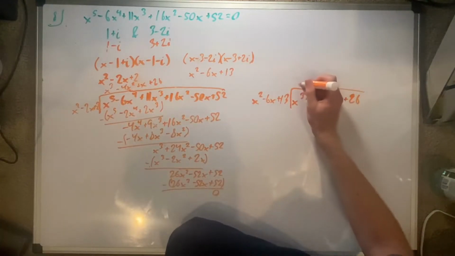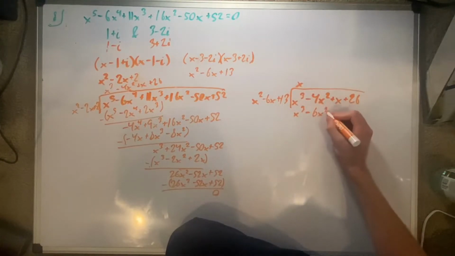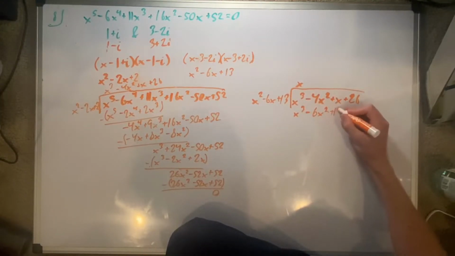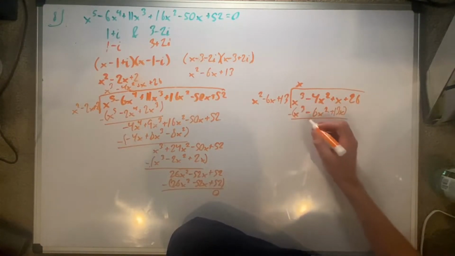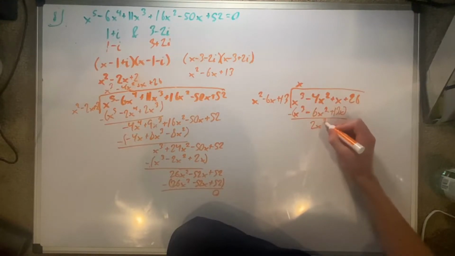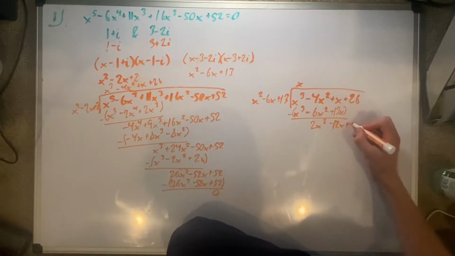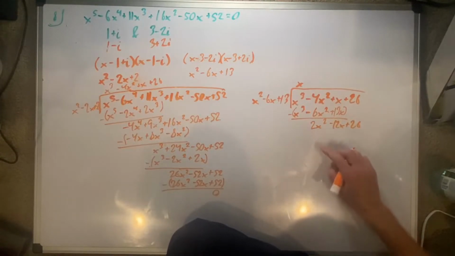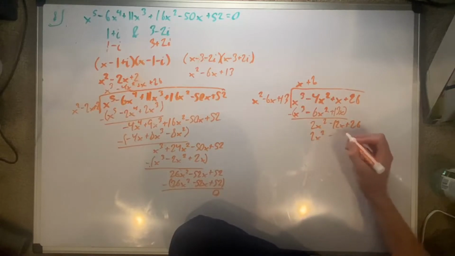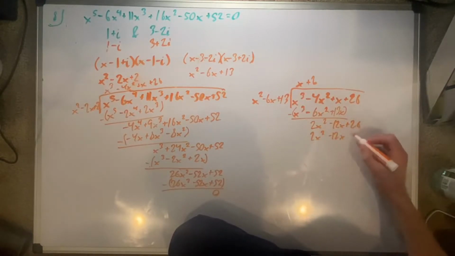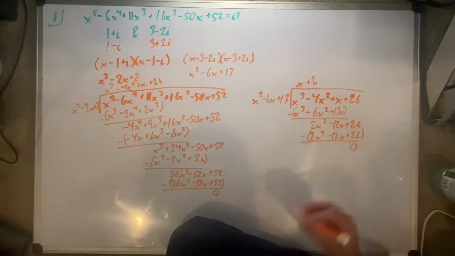So then we'll go x cubed minus 6x squared plus 13x, subtract, add that over, we get 2x squared, subtract that, we get negative 12x plus 26, so then we would go plus 2x squared minus 12x plus 26, exactly the same thing as before, 0.